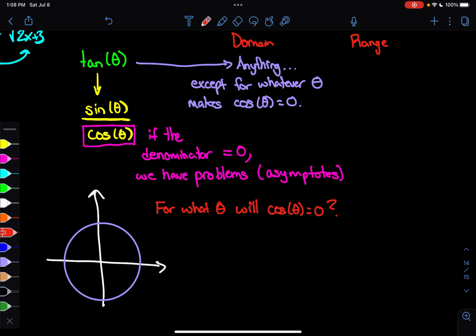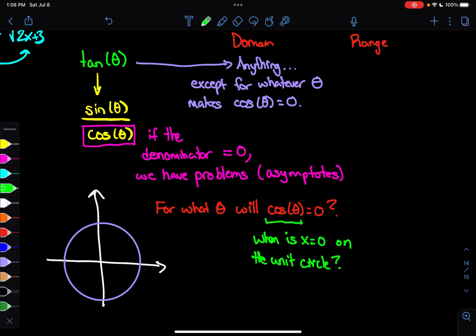And remember that this is the same thing as asking, when does x equal 0 on the unit circle? Because cosine is the same thing as the x value on the unit circle.